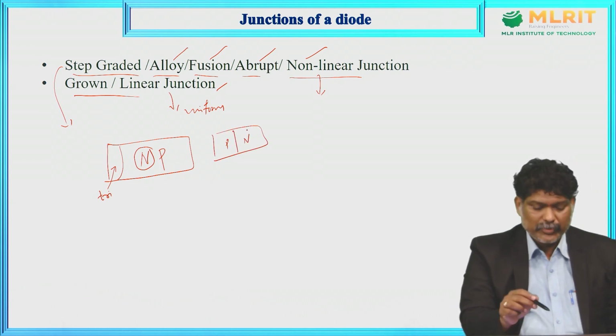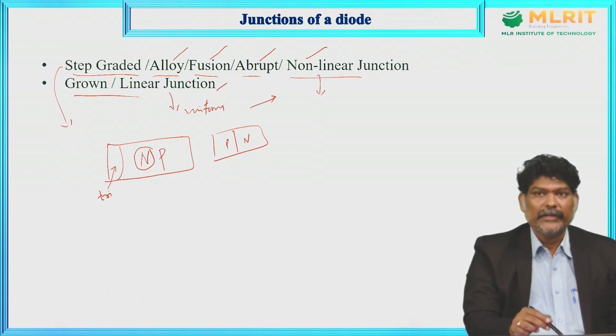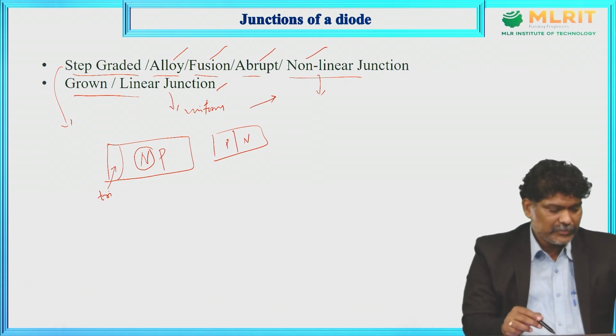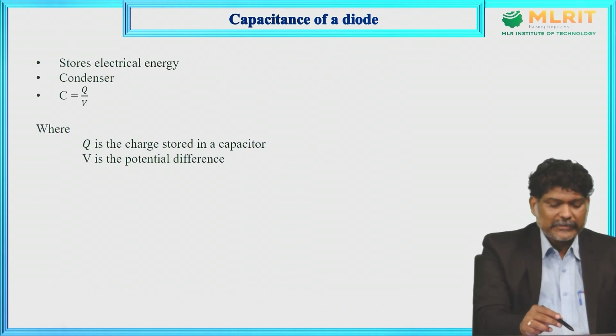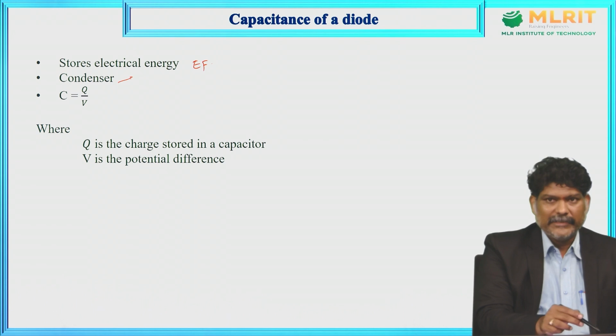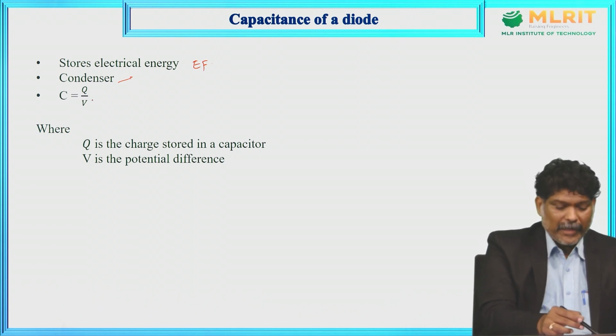Based on this, we can now derive an expression for the capacitance of a diode. So let us see what capacitance is. We know that a capacitance stores electrical energy in the form of an electric field. It is also called a condenser, which is used in fans.